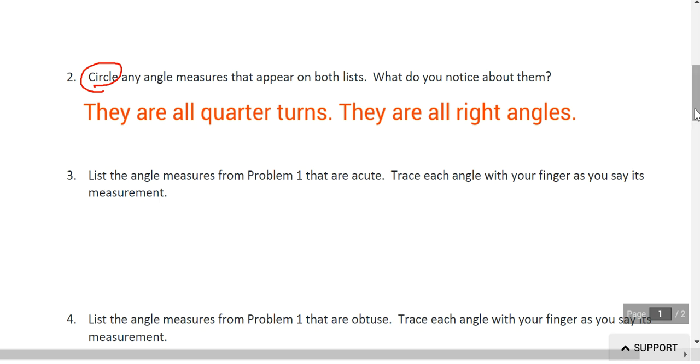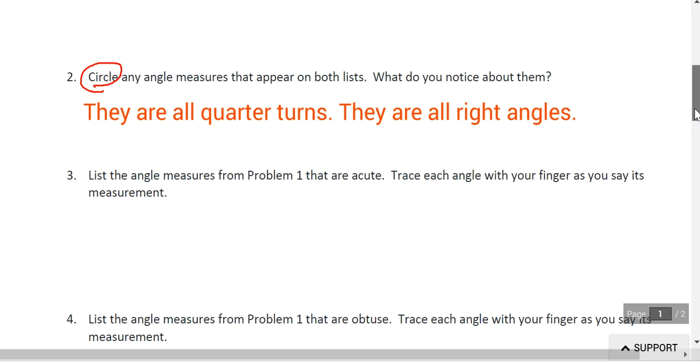Hopefully you got that. And then for number 3, it says to use angle measurements from one that are acute. Trace each angle with your finger as you say its measurement. I'm not sure why you need to do that, but which ones are acute? Well, what's acute again?